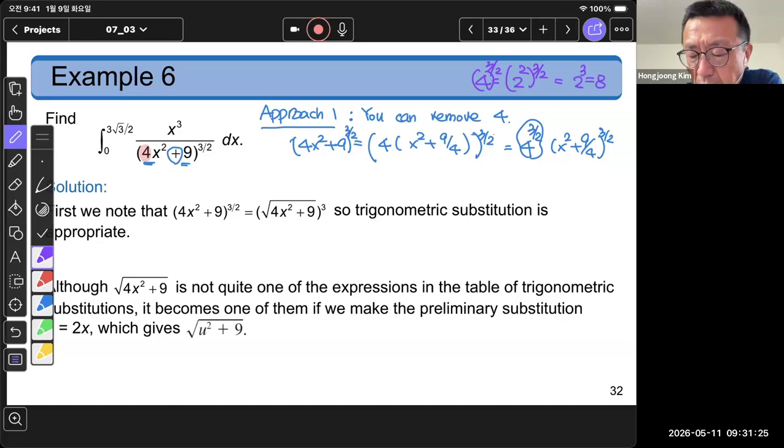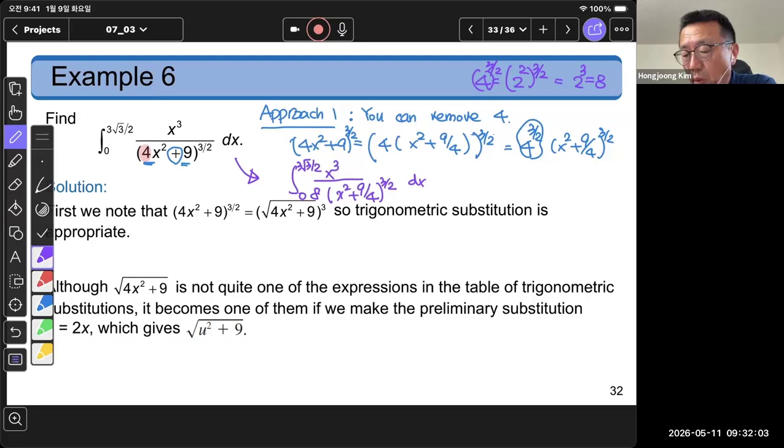So in that case, this expression will be the integral of x cubed over, and the expression in the denominator is 8 times x squared plus 9/4 to the 3/2 dx, and the integral domain is from 0 to 3 square root of 3 over 2.